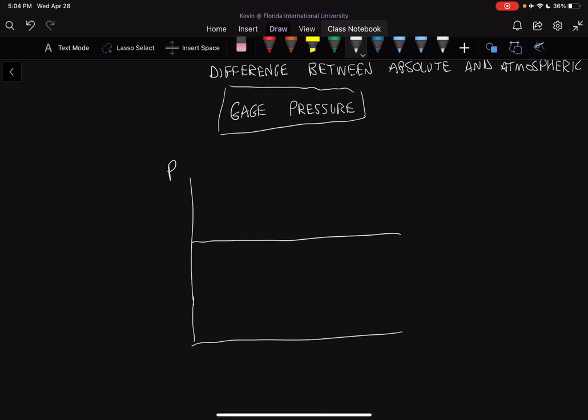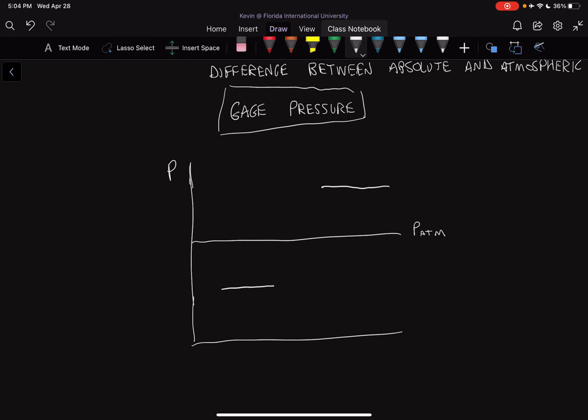We're going to have different values lined up on it. So this would be atmospheric pressure, and we're going to be measuring two different points, this point and this point.